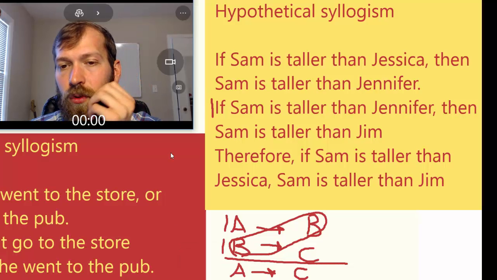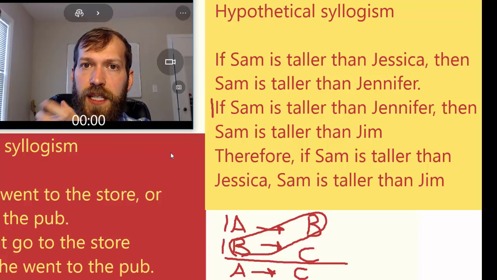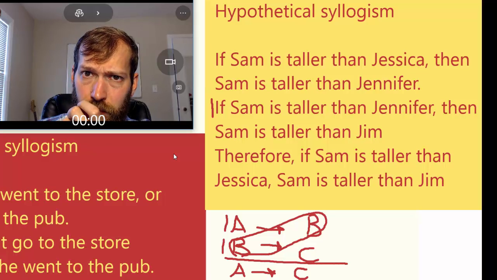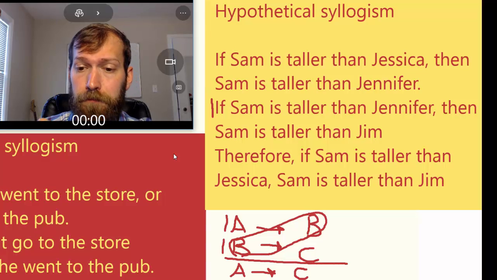So again, the reason why this is a deductive argument is implicit in the argument. We're being told that these states of affairs have this logical relationship such that the conclusion would be guaranteed if the premises are true.